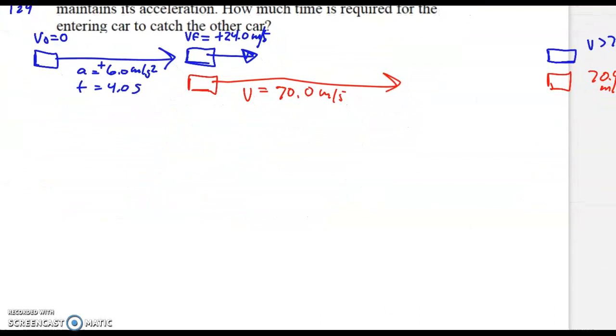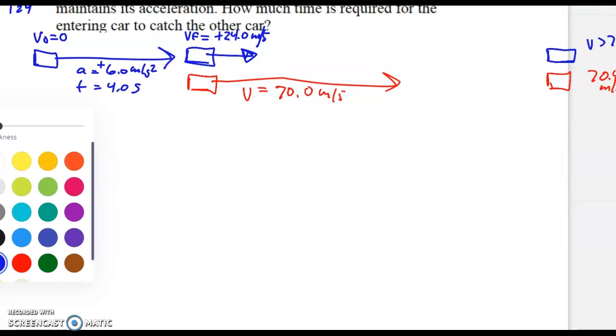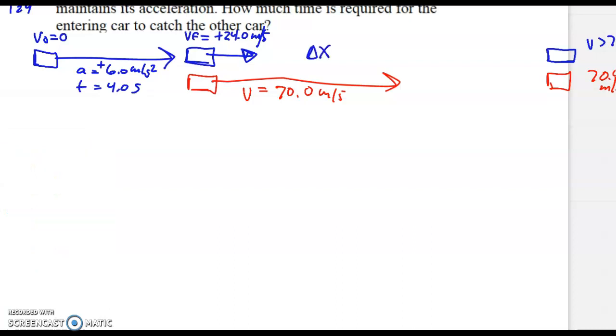All right, well, I hope you stopped that, and I hope you tried that. You might say, boy, there's a lot going on here. And you're not kidding. There is a lot going on here. The nice thing that I notice is that the two displacements are the same. And so this blue one is going to go delta x, and how far is that? Well, that's v0t plus 1/2 at squared.